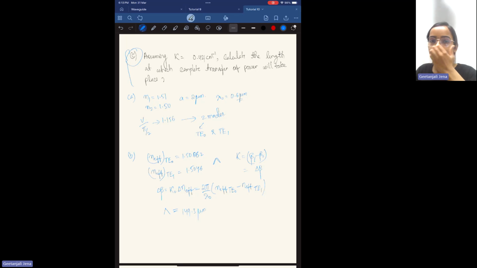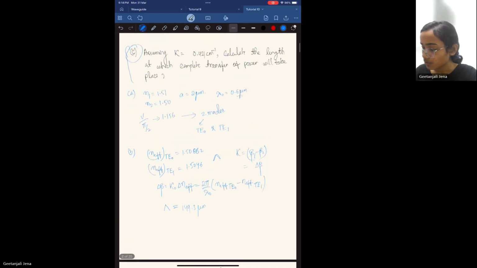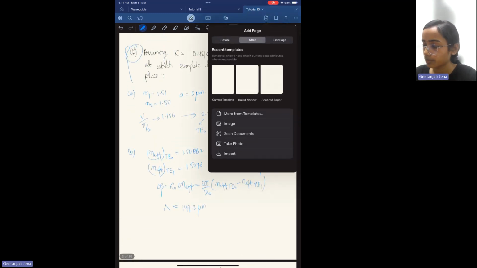In class we saw how power coupling between a forward propagating mode and a backward propagating mode happens. But here the modes are co-directional, moving in the same direction, so the expression for the power exchange should be different.